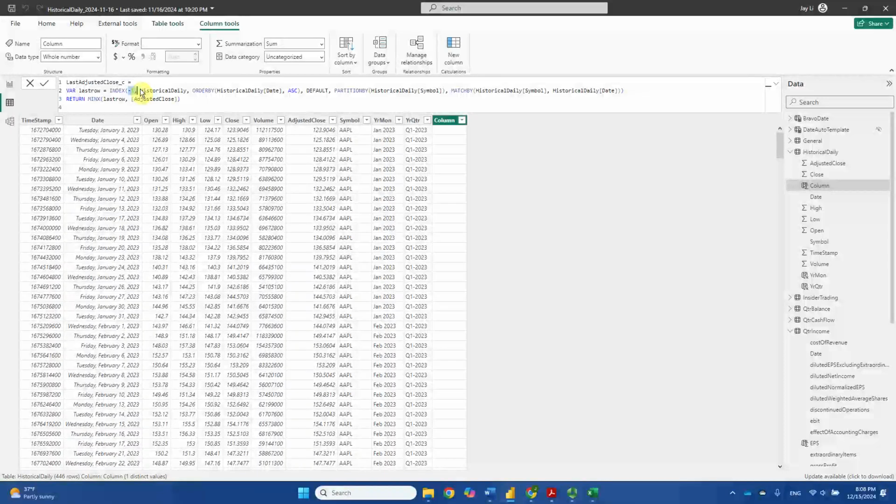It's going to be that group of rows that's related to Apple. So the index function, based on the current partition, which is Apple, is going to look only at the Apple partition. And the index function is going to retrieve the very last row for that Apple partition, basically the last trading day for Apple.